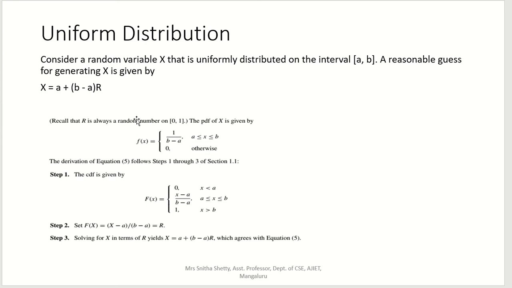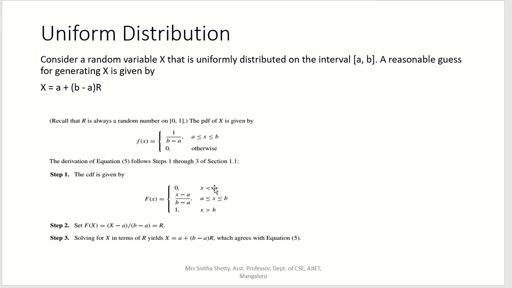So this is the PDF of a uniform distribution. But we need the CDF, right? CDF is the cumulative distribution function. Let's look at the cumulative distribution function of the uniform distribution. F of x is equal to 0 if x is less than a. See, it should lie between a and b. The interval is a and b.